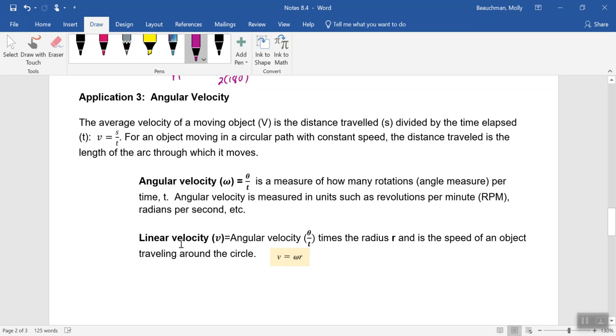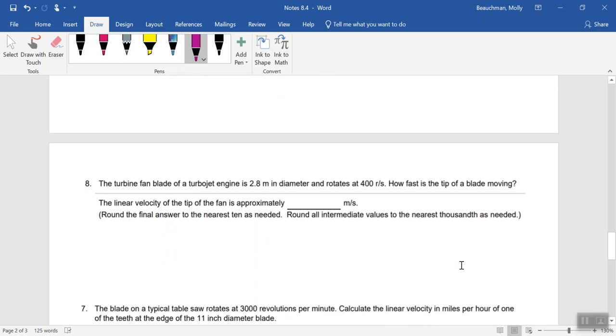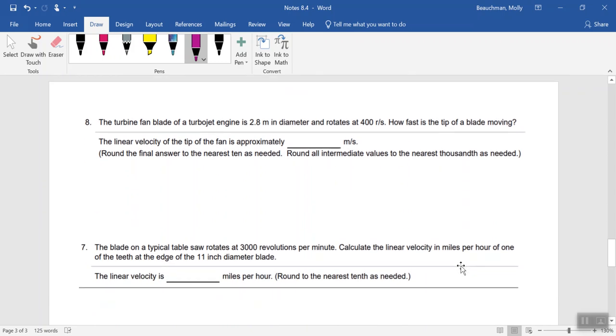The linear velocity is the speed of an object traveling around the outside of a circle. So the linear velocity is the angular velocity times the radius r. Okay? So how does all this work? Let's take a look at the first problem.